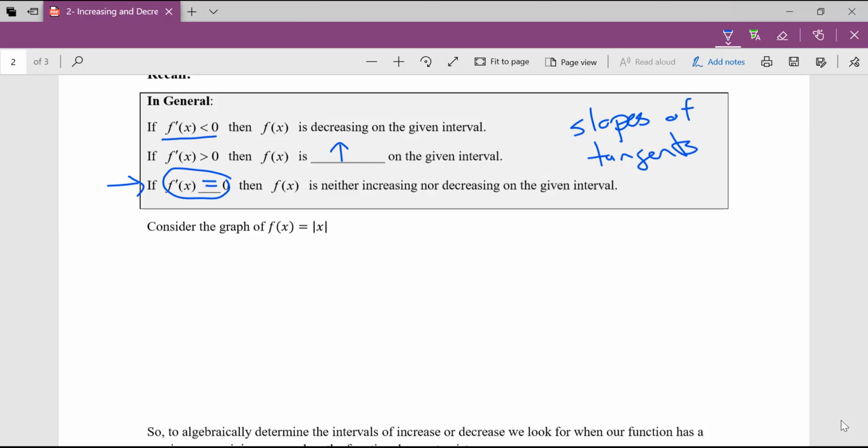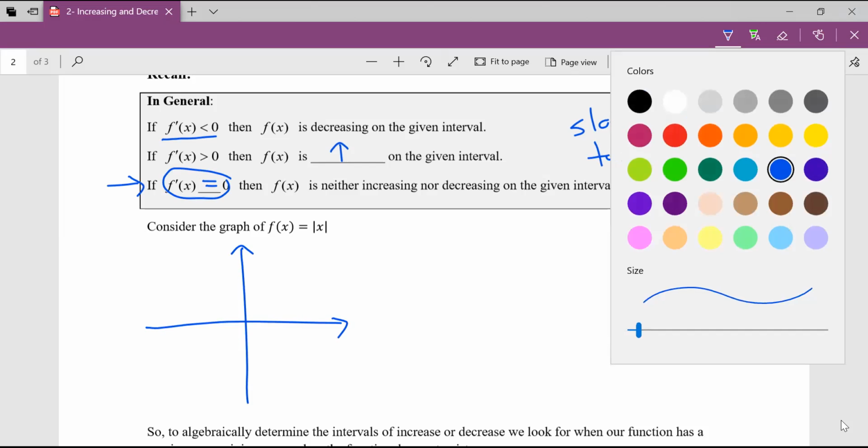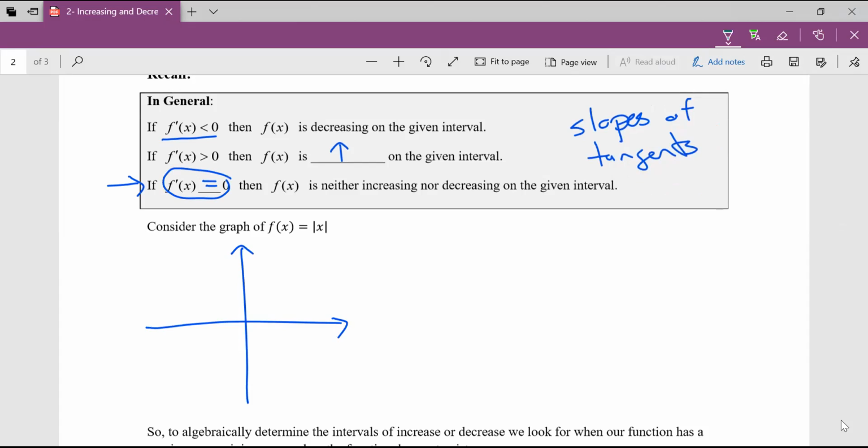Let's consider the graph of the absolute value. I know the absolute value function looks something like this. It's this really sharp looking V. Visually I can tell that I'm increasing where the slopes of my tangent lines are positive, from 0 to infinity.